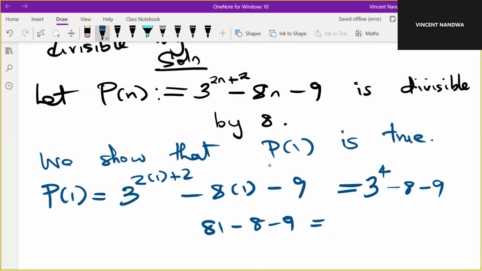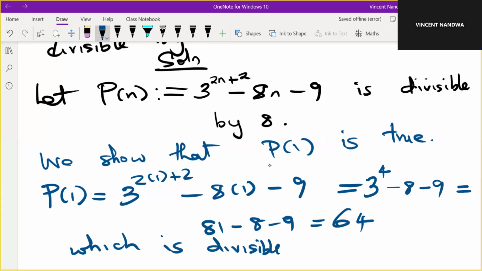That gives what? 64, okay? Even a blind person can see that 64 is divisible by 8. So that one is true. By replacing n with 1 in the expression 3^(2n+2) - 8n - 9, we are getting a number which we are sure is divisible by 8.